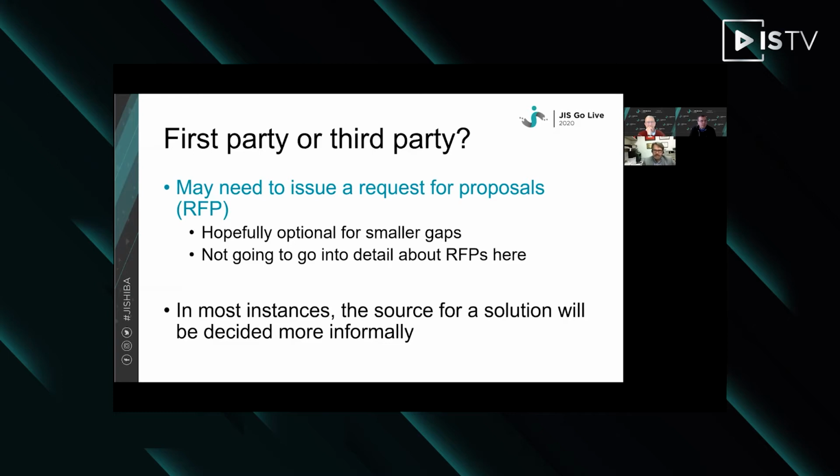I'm not going to get into this. This is a whole other talk, but hopefully for most smaller gaps, you're not going to have to put in a request for proposal. But many times, in certain organizations, you have to, and you're really left with whatever your particular policies are as to whether you would acquire from the first or third party. In many instances, like I said, it's really going to be a much more informal process.